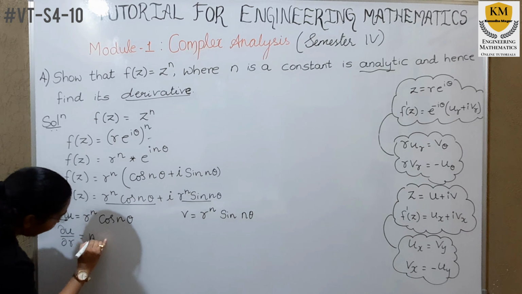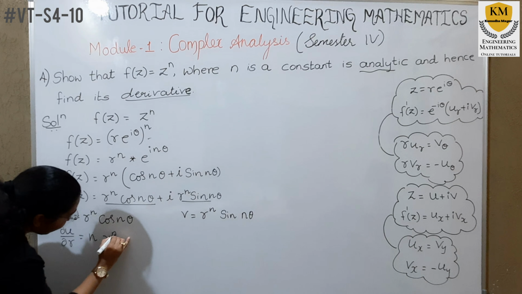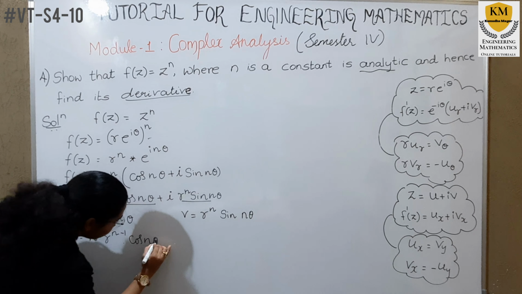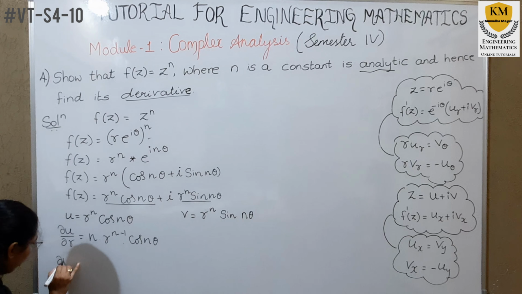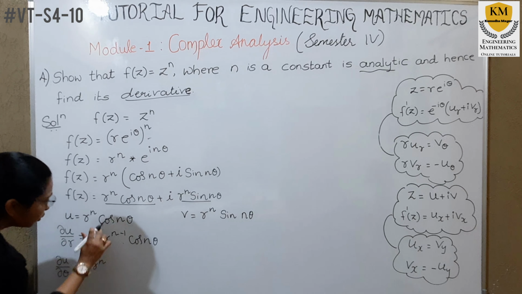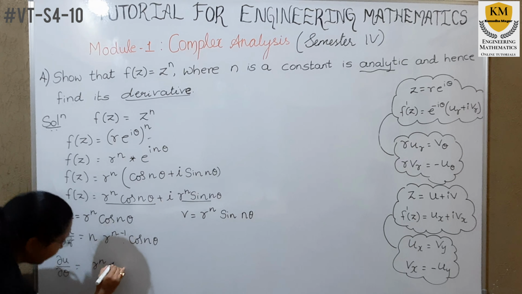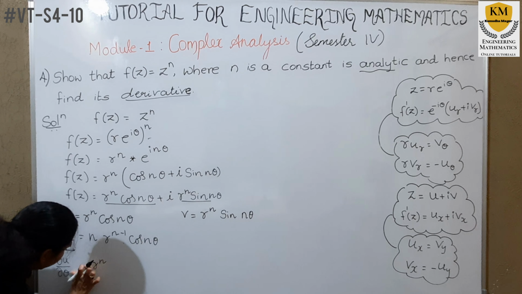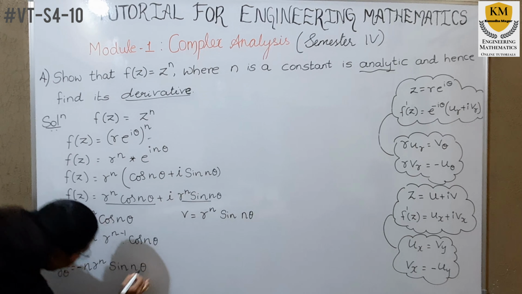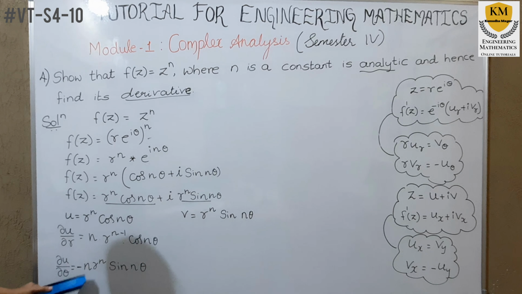That becomes n into r to the power of n minus 1 into cos n theta as it is. Dou u by dou theta is equal to r to the power n, I will keep as it is. The differentiation of cos n theta is minus sin n theta, and n theta when you differentiate you will get only n. Fine. I have written minus n into r to the power of n into sin n theta.